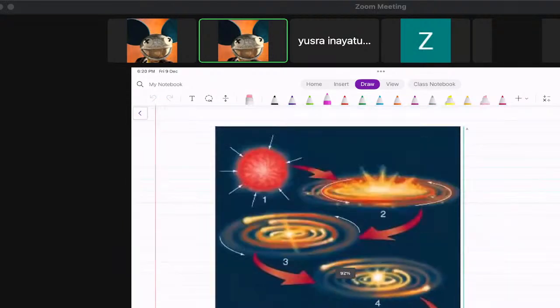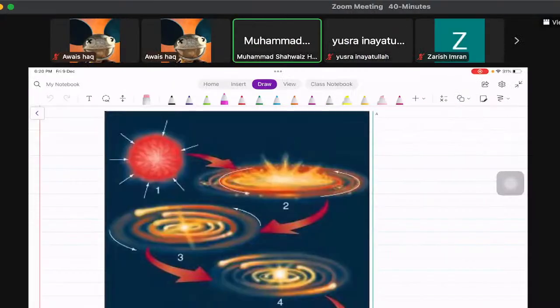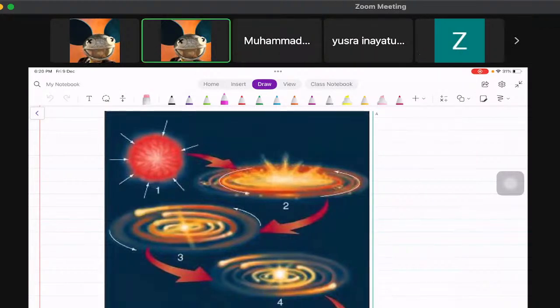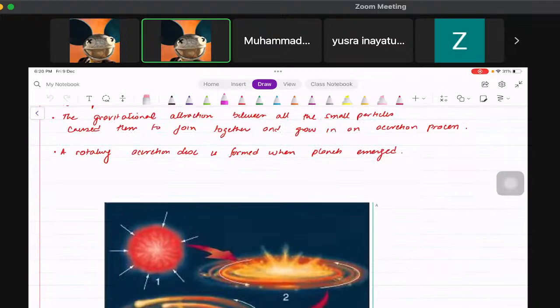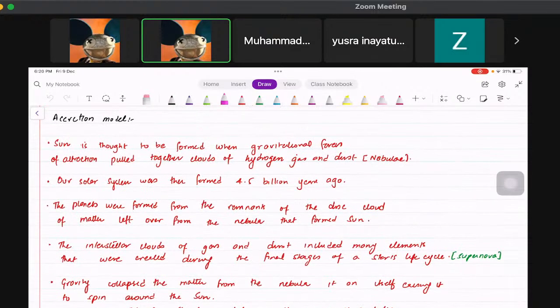Do you guys understand this? Sir, what is the number 1? This is when a cloud of hydrogen gas and dust was formed.